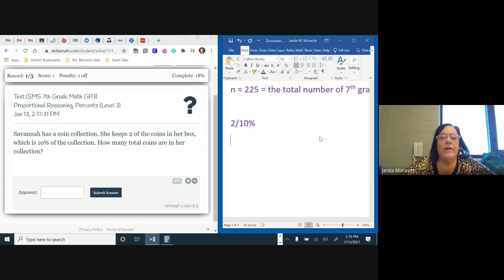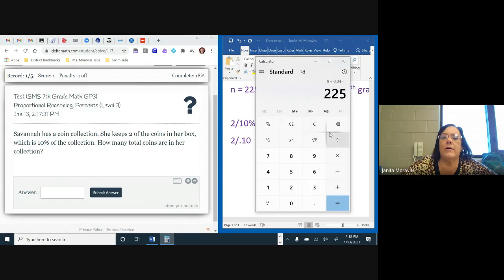We cannot divide it like that. We have to say 2 divided by, remember, we take our decimal, we move it 2 places to the left, 2 divided by 0.10. All right, so let's see how that works out on our calculator. 2 divided by 0.10, and that equals 20.